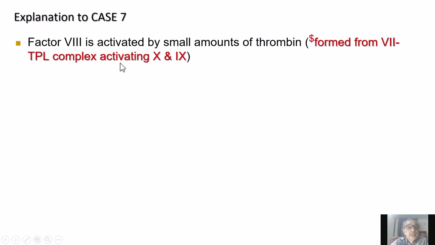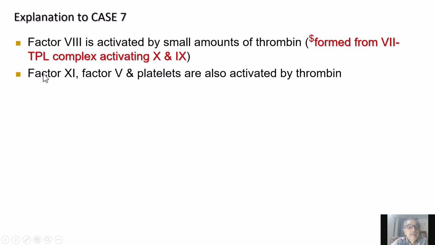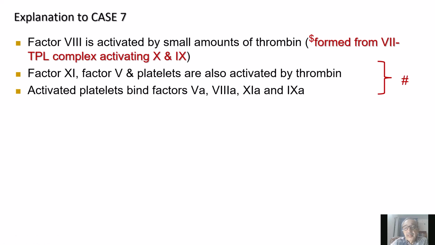This is called initiation, the first stage of the cell-based concept: tissue factor 7 complex. This will first activate factor 8. Next, the thrombin also activates factor 11, factor 5 and platelets. Activated platelets bind factor 5A, 8A, 9A and 11A.